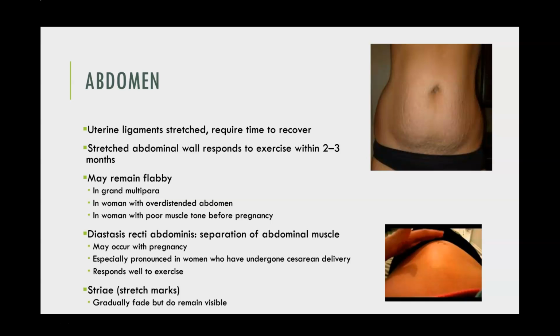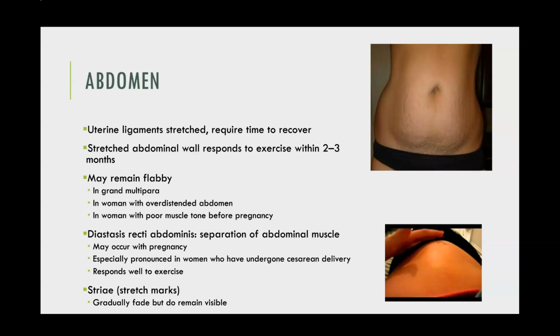In the abdomen, during the antepartum period, the uterine ligaments have become very stretched and they require a lot of time to recover. So you're going to see a stretched abdominal wall, and typically that stretching will respond fairly well to exercise within about 2 to 3 months.